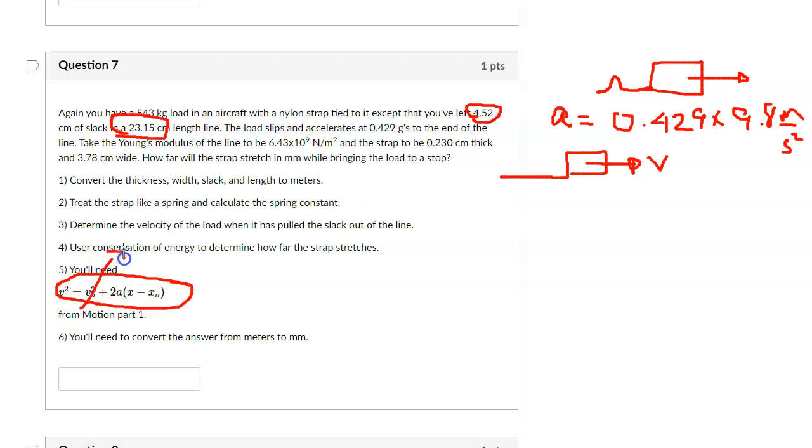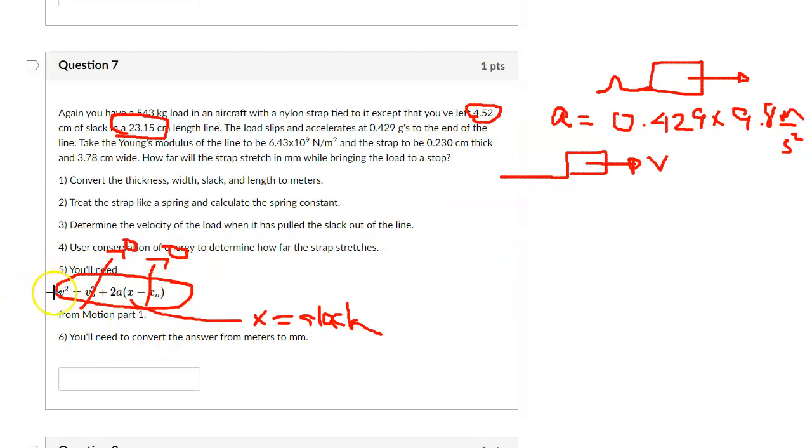V naught is 0. We know x naught. X naught is 0. How far does it go when all this is happening? Well, that's the slack right there. X is the slack in the line. That's how far it's going to slip before things change. So in this case, 4.52 centimeters is that x.